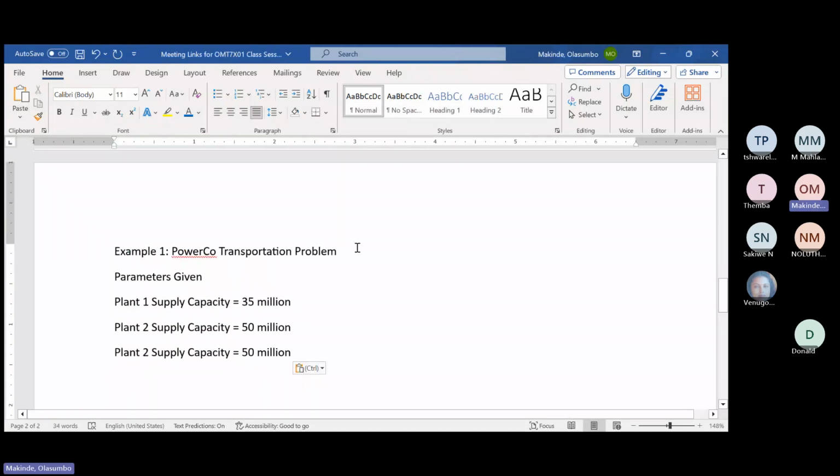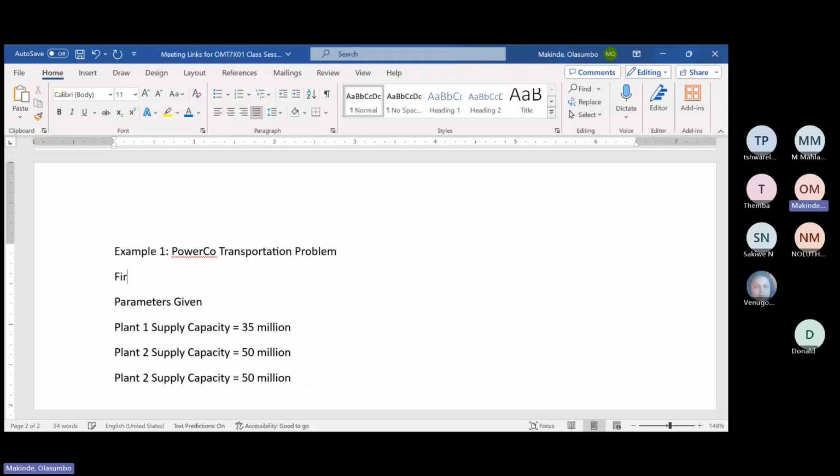And please don't forget the first question that will be asked from that scenario. Let me also type it here. For any test that I'm going to give you on transportation, the question will be structured like this. Formulate a linear programming model to represent this transshipment problem.